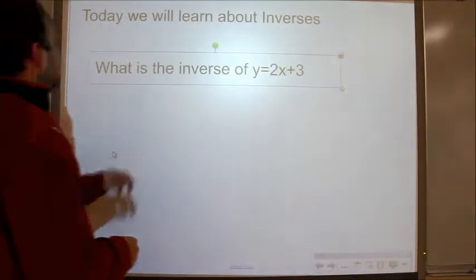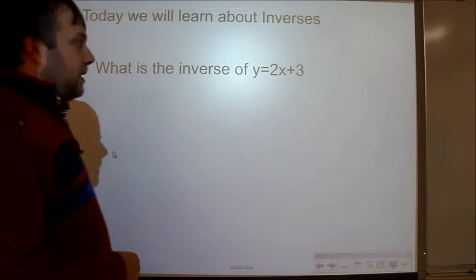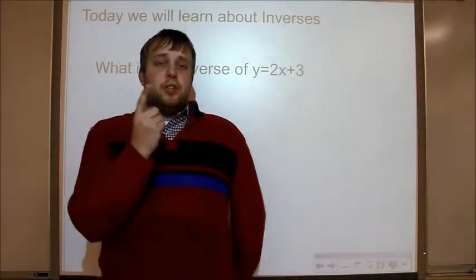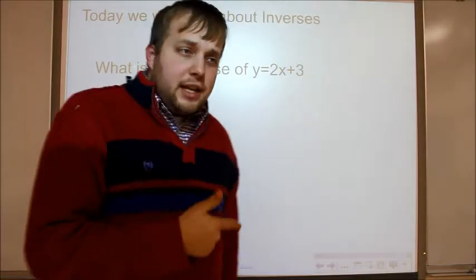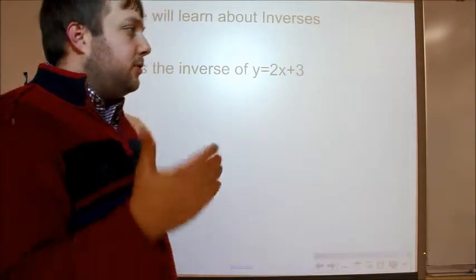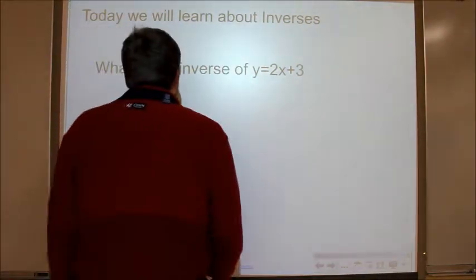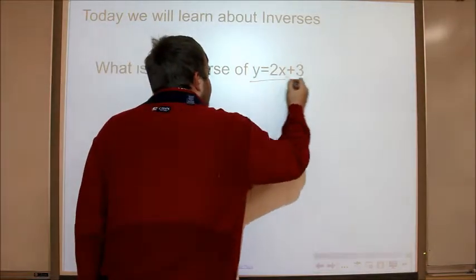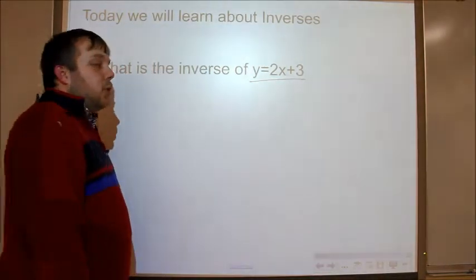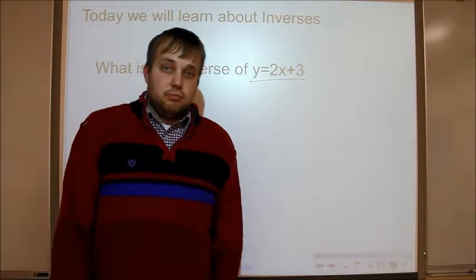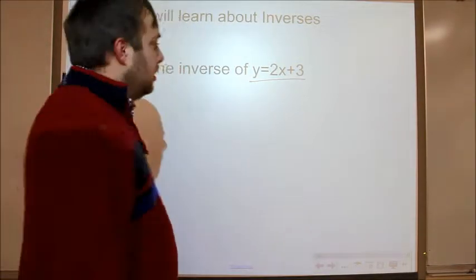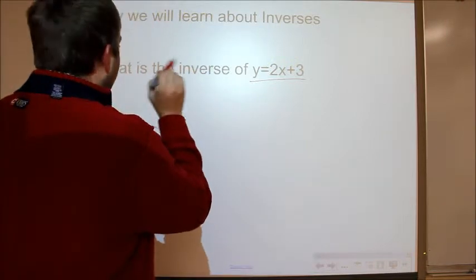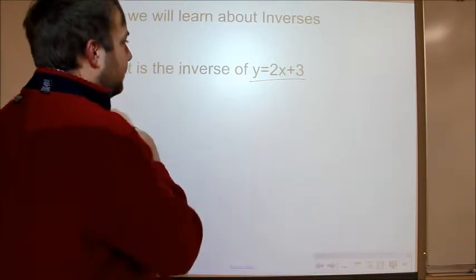Alright, so here we go. What is the inverse now? Not just of an operation. We just found out the inverse of operations. So inverse of positive is a negative, inverse of negative is positive, and so on. But what if I wanted to find the inverse of this? That's an equation. That's a line. I could graph that baby if I wanted to, but I don't want to right now. So how do I make the inverse of this?